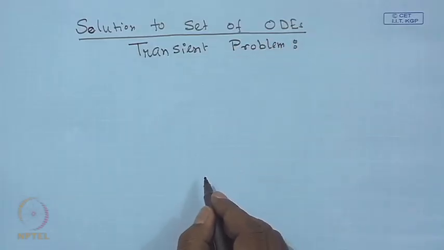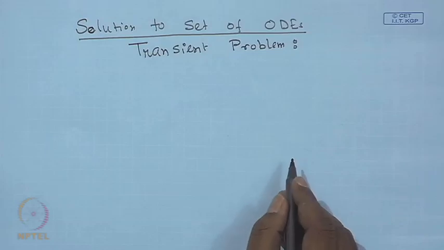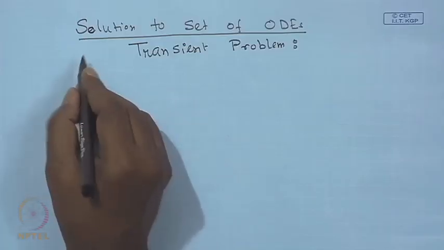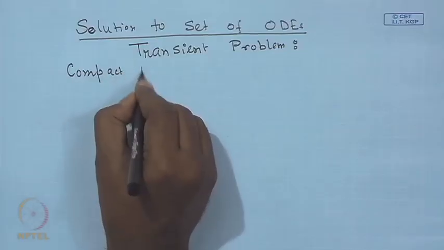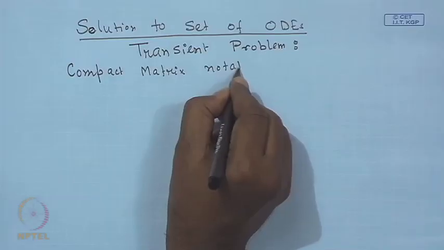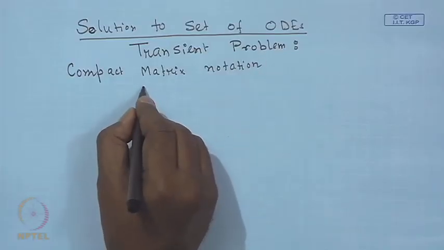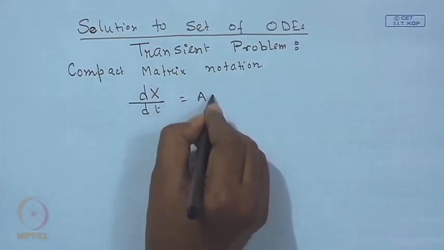If we have a transient problem, then these ordinary differential equations may be the governing equations of the chemical engineering process. If there is a set of ODEs, they can be written in a compact matrix notation: dx/dt is equal to A x.